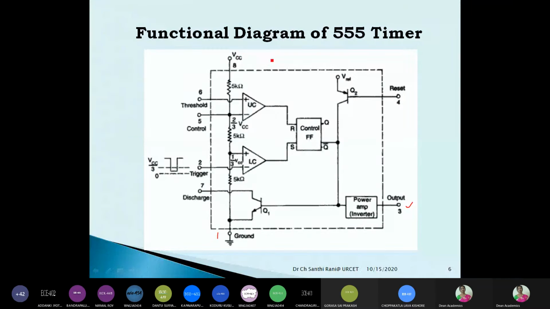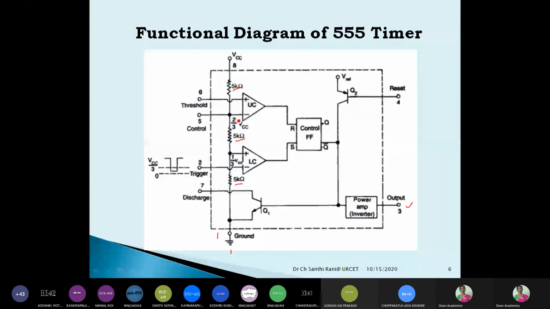So these are the 8 pins. Now, if you observe from VCC to ground, 3 equal resistors are connected. Just follow my cursor. From VCC to ground, 3 equal resistors are connected. What are the values of the resistors? 5K, 5K, 5K.